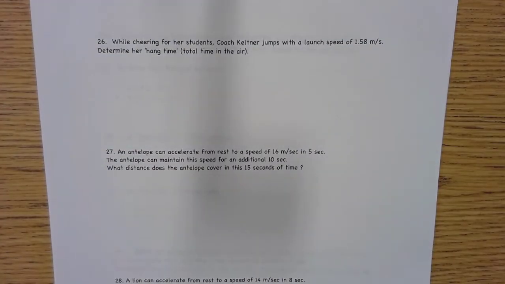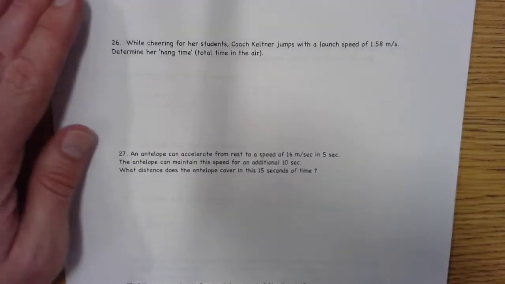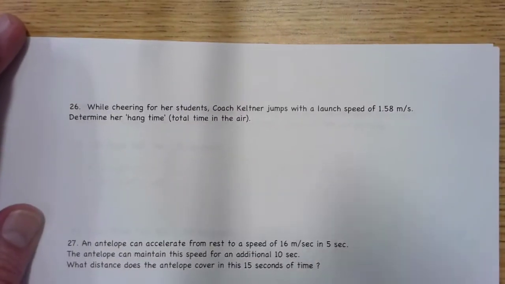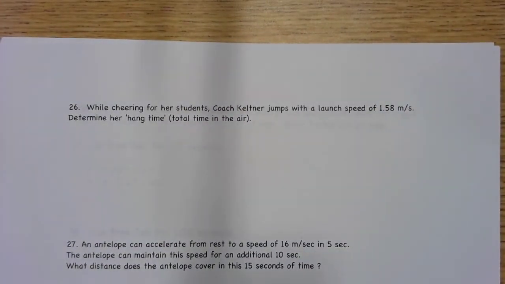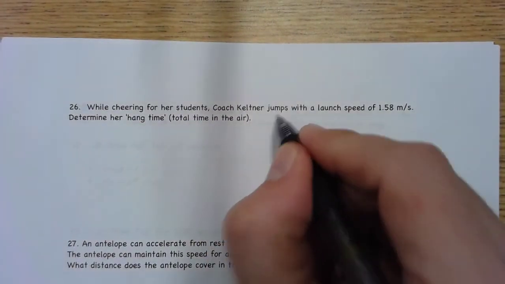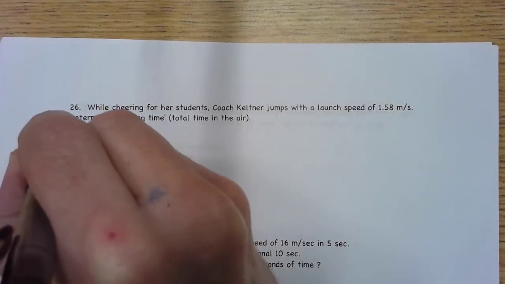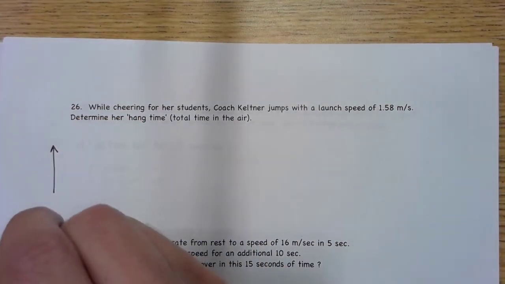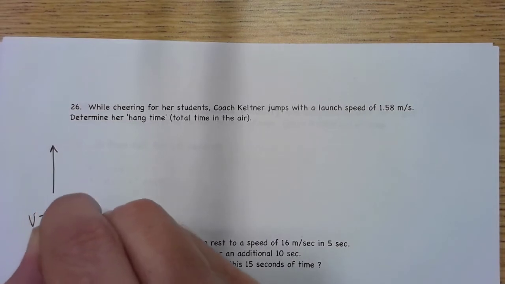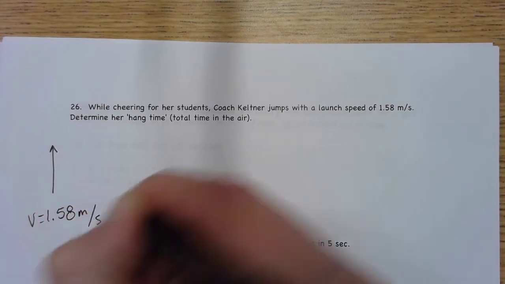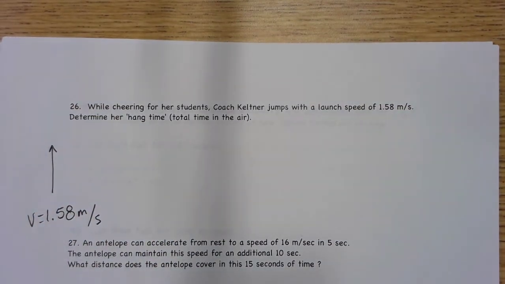Now, some of you actually got to go on a little field trip with Coach Keltner. She may have been cheering for you, and she got so excited that she pushed herself and launched herself up into the air. So here's the speed Coach Keltner goes up with.